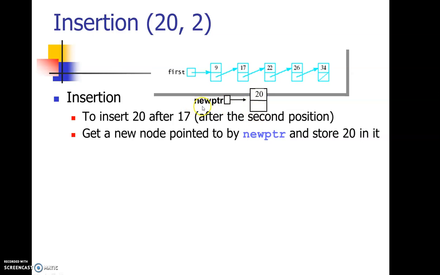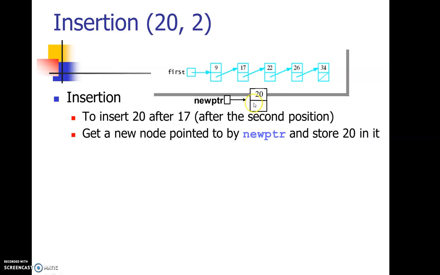Say that we name this pointer new PTR, indicating the new location that the operating system reserved for us for the insert operation. Then we need to put 20 into the data part, because that's the value that we want to insert. That is what I mentioned earlier, the first step of the insert operation.